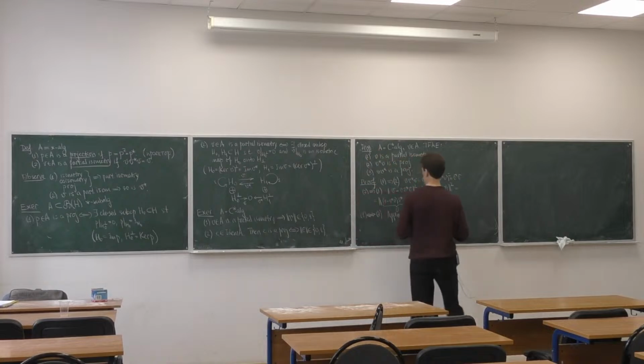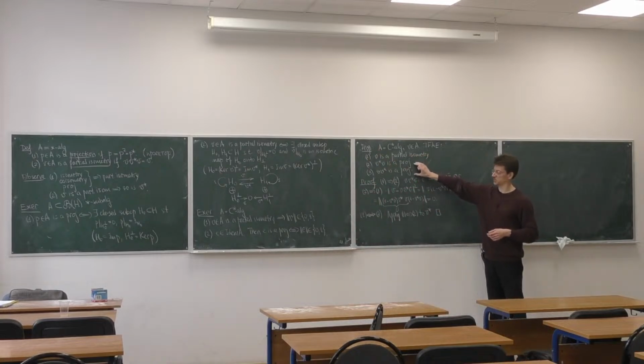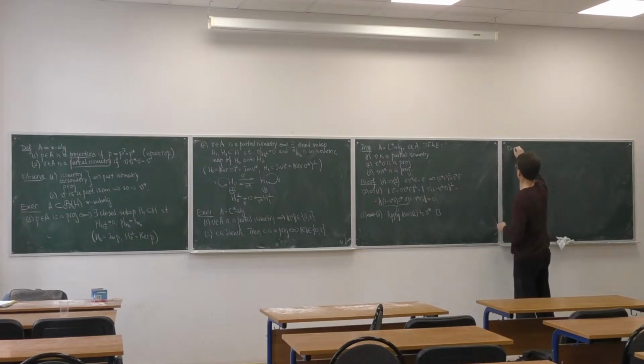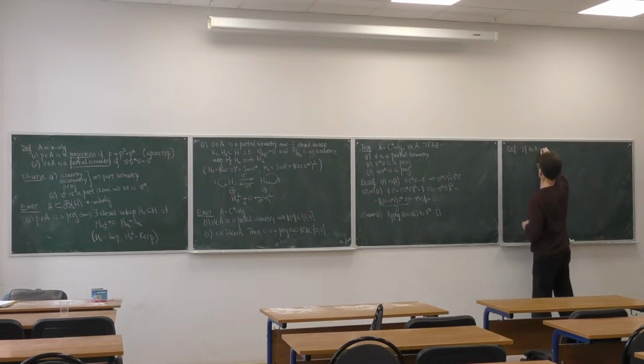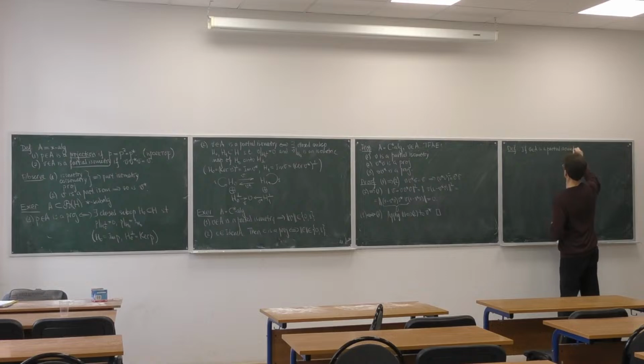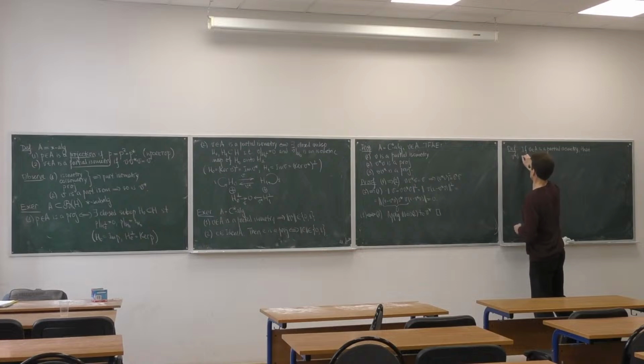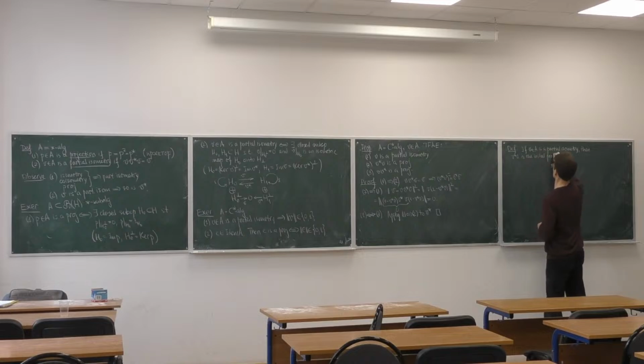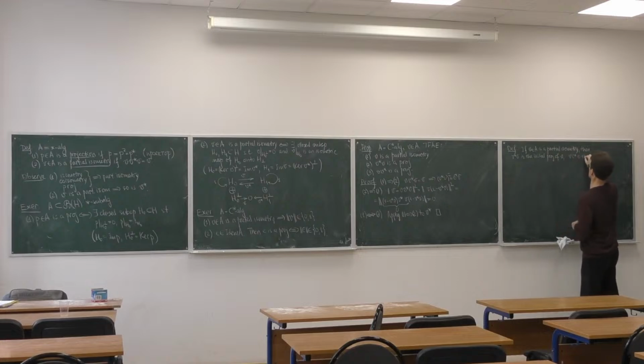There is special terminology for these two projections. So in the setting of this proposition, if v in A is a partial isometry, then the projection v star v is called the initial projection of v, and v v star is the final projection of v.